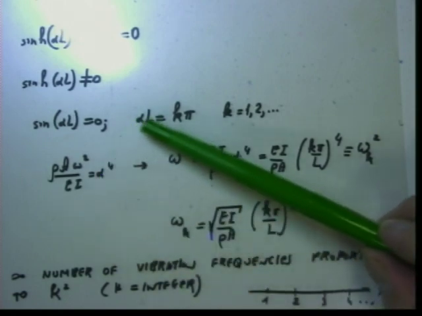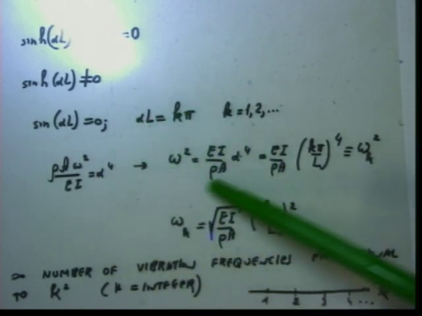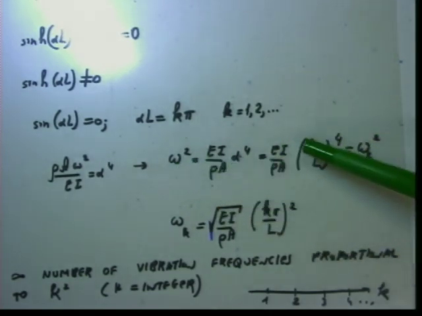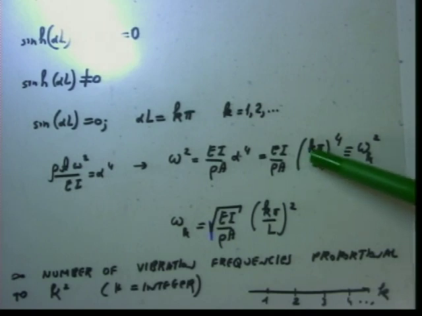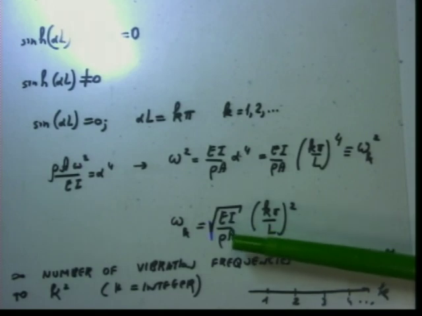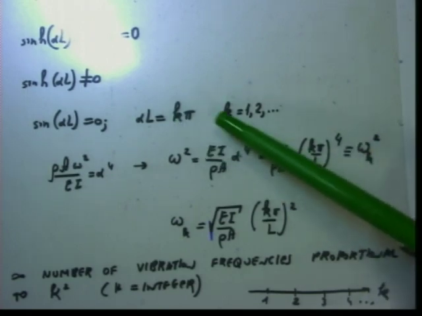Alpha equals, pay attention, K pi over L. I got this expression finally: omega squared equals EI over Rho A, K pi over L to the fourth power. And that is omega K squared. So we found that this beam has an infinite number of natural frequencies because K runs values 1, 2, etc.